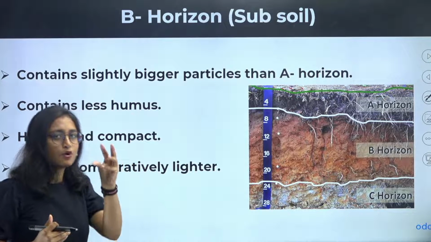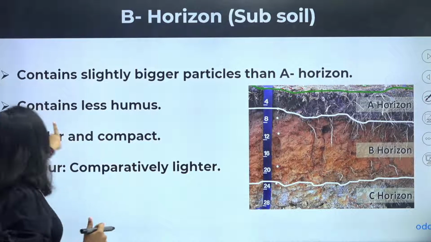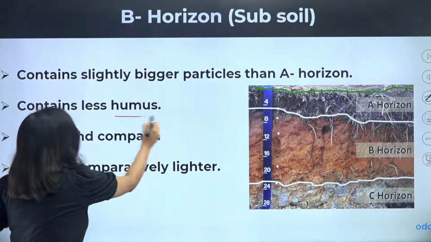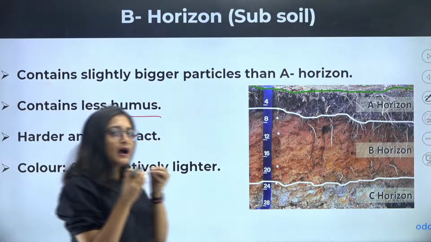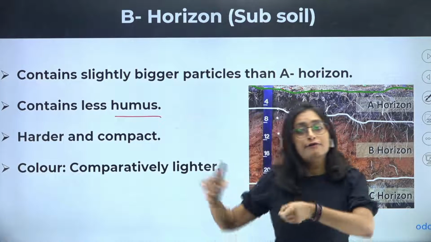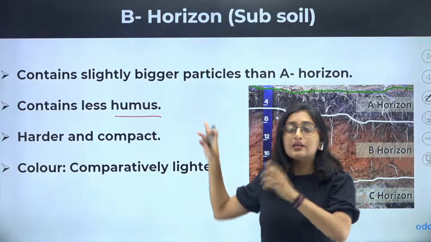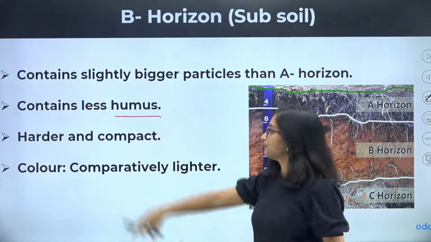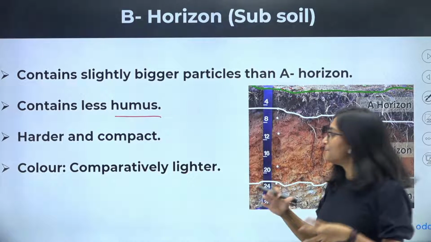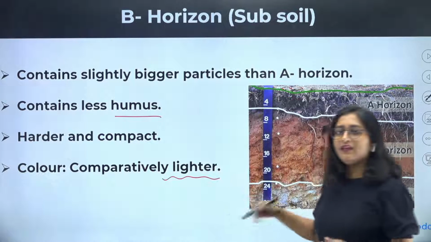That is a little bit bigger than the A. In this case, they are also going to contain humus, but in lesser amount. Then you will find that they're a little bit harder and compact, whereas the A horizon is soft and porous. Then the color is comparatively lighter than the A.